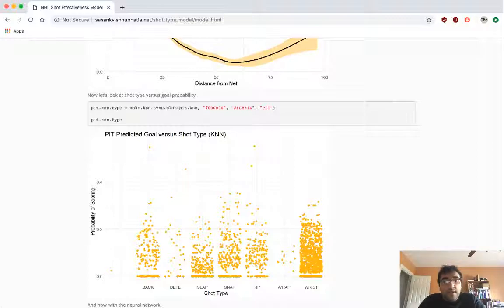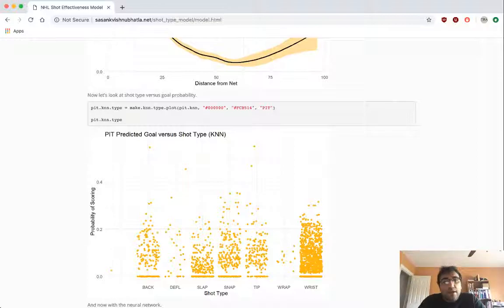But a lot of the density is happening between 0.0 and 0.1. So maybe 5%. I'd probably err on the side of 2 to 3% probability of scoring. So the weighted average here might be close to arguably 5, 6, maybe 7%.